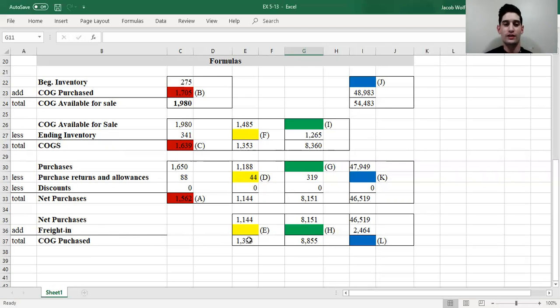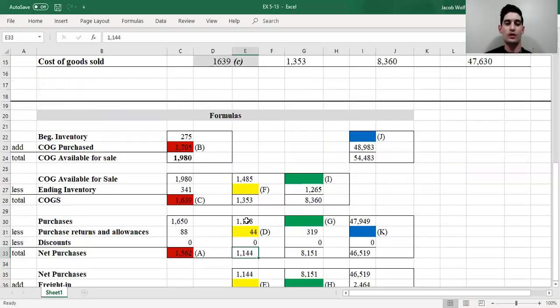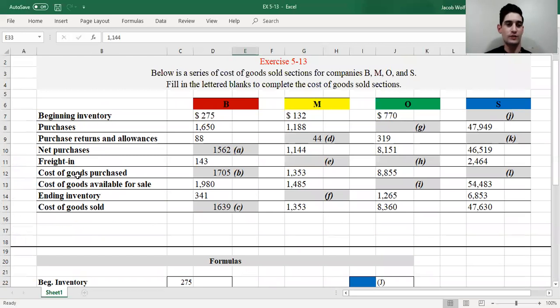So to find E, we're going to look at our net purchases, which we had from solving D. We have net purchases of 1,144, and then our cost of goods purchased, over at company N, is 1,353.